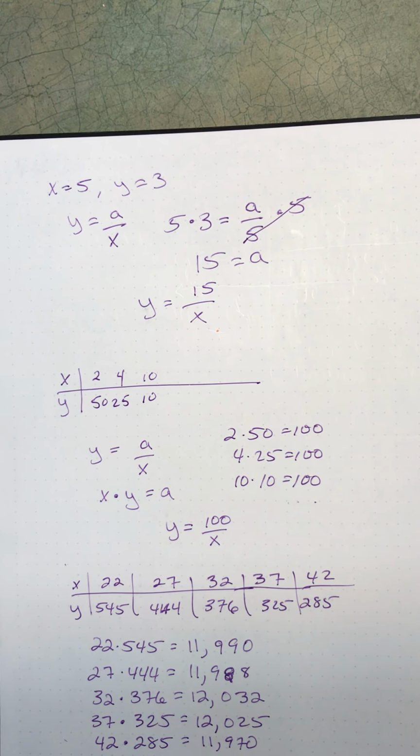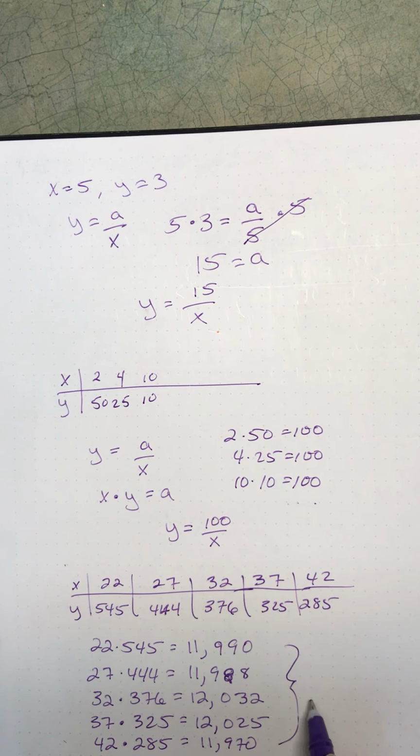Now, again, real world data isn't going to be exact, but when we're talking about over 10,000, this is all pretty close. They're all approximately 12,000. So we say yes, it does have an inverse relationship. Not perfect, but pretty good. Okay, and we're going to call it good there.